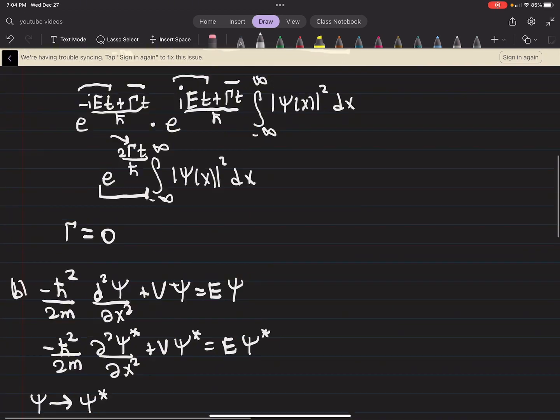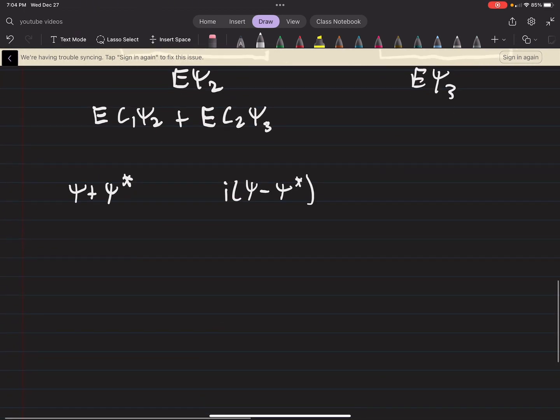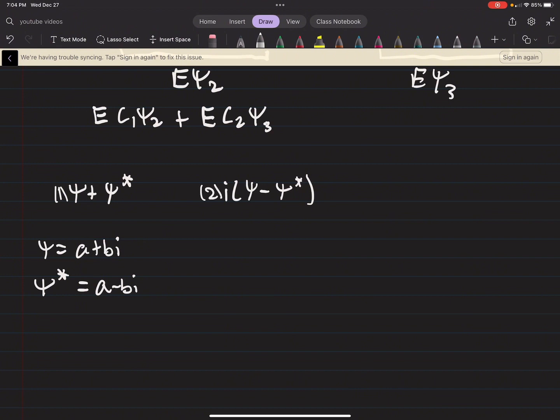And the benefit of this is if you were to write psi as a complex number, let's say a plus bi, and you take the complex conjugate of that, then if you plug these in, let's say this is equation 1 and this is equation 2, in equation 1, a plus bi plus a minus bi is 2a. So you can see equation 1 is real.